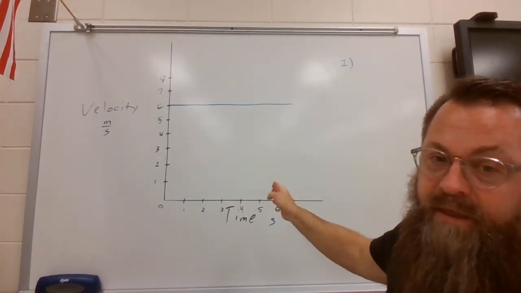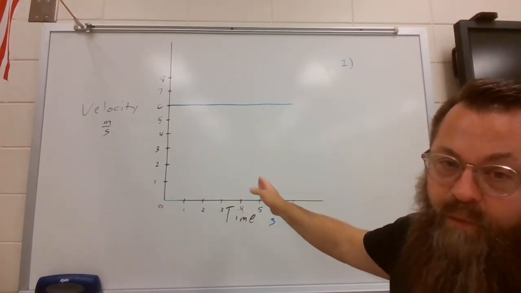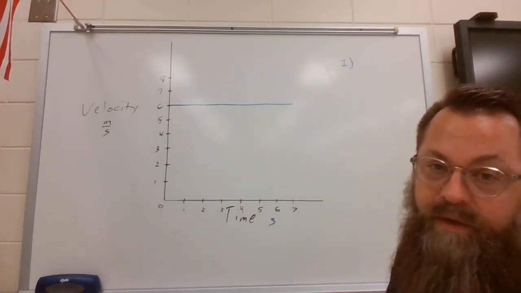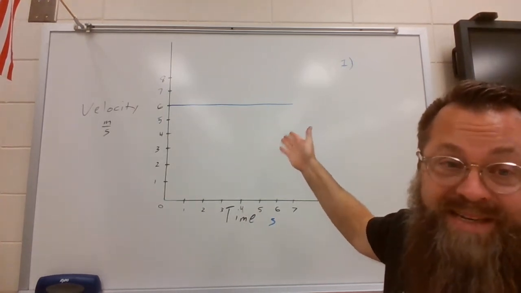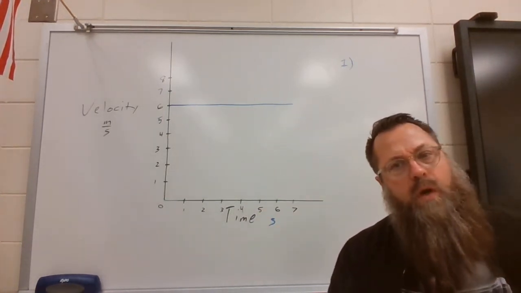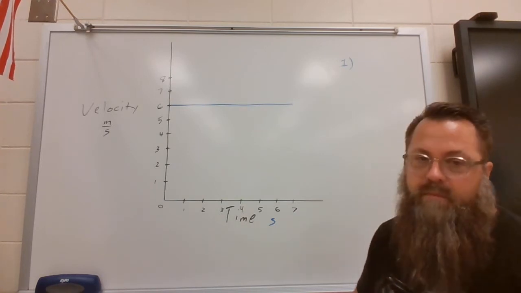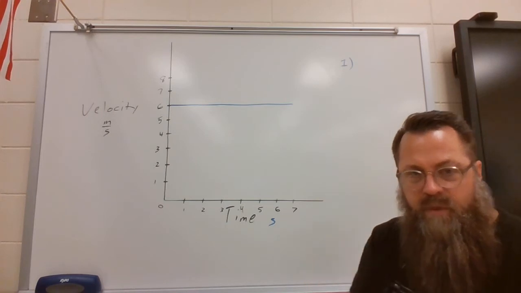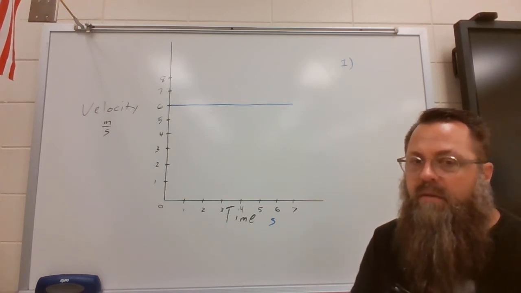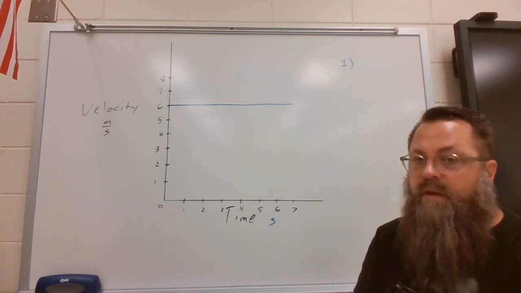At every time interval here, at 1 second, at 4 seconds, at 7 seconds, whatever, it seems like this graph is always at 6. So is this object moving? Something we need to understand. Is this object even moving?